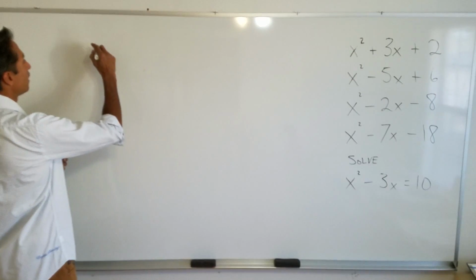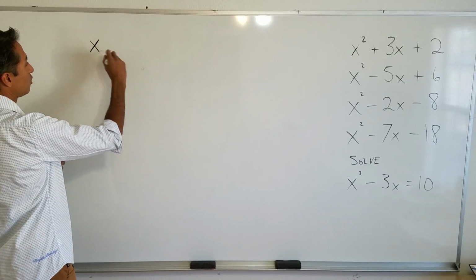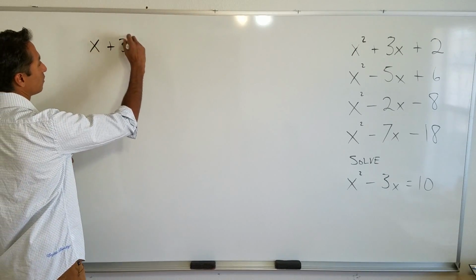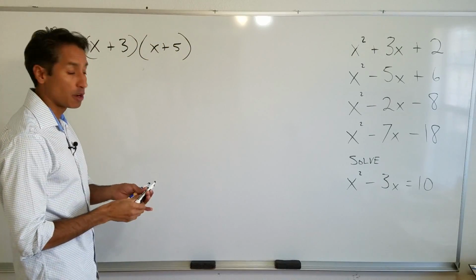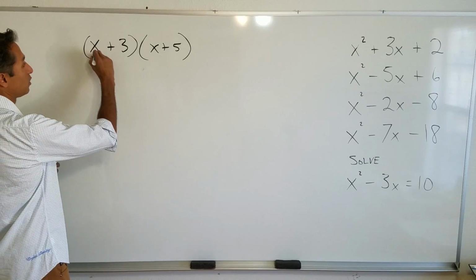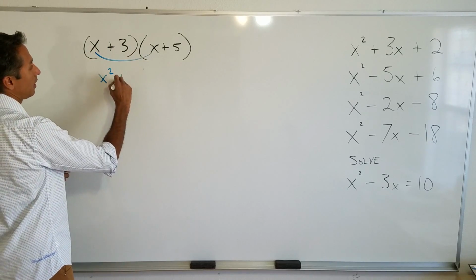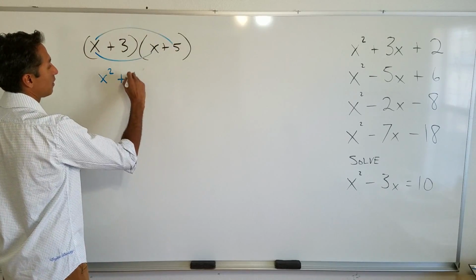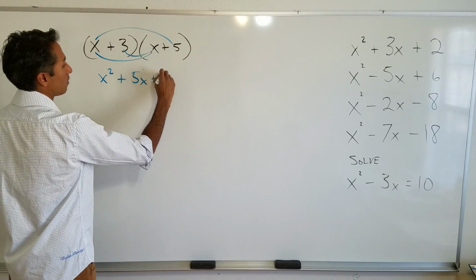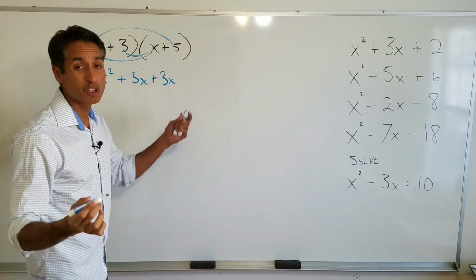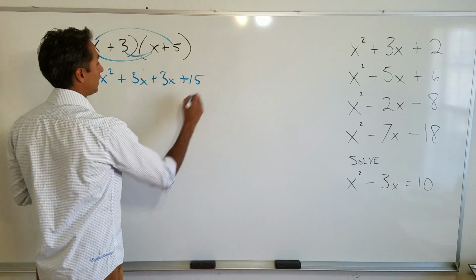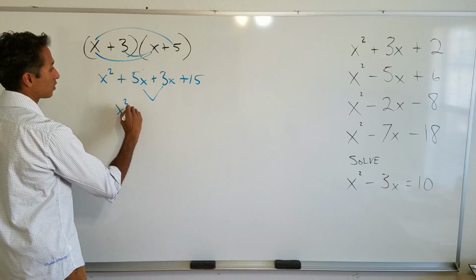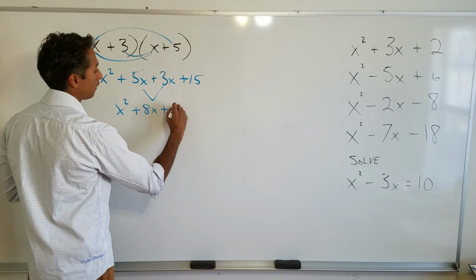When we have two binomials, like x plus 3 and x plus 5, we can use the FOIL method: first, x squared; outside, 5x; inside, plus 3x. I know I'm going fast, but you should know how to do this if you're watching my video for this. Plus 15. Combine like terms: x squared plus 8x plus 15.